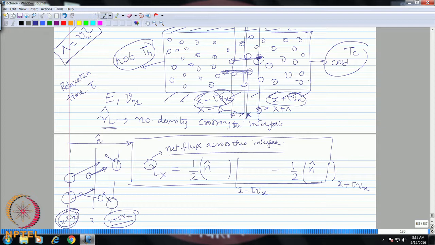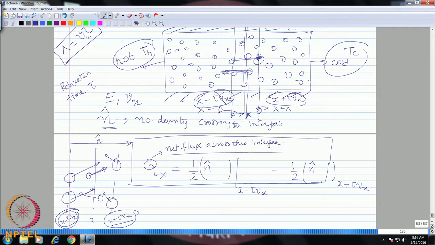Now, this is just the number of molecules, but what we need to now calculate is the energy flux that is transported by these molecules moving towards the right, energy flux towards the left, and then we have to show that the net energy flux is moving from the left to the right. So, therefore, how do you calculate the energy flux? This is the number density here. So, from this how do we estimate?